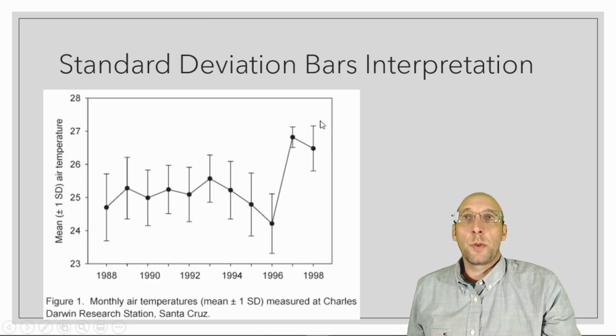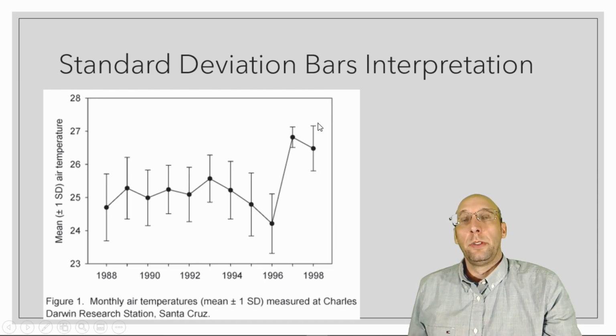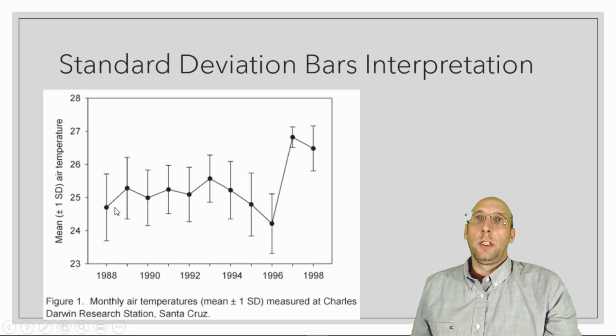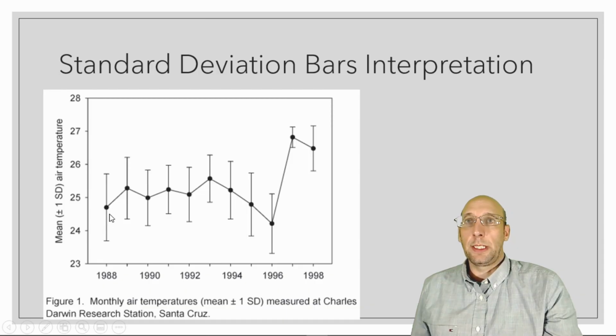How do you think the bars would be different if they were standard error bars? Standard error bars would be a lot smaller. Now, since these are standard deviations, it shows you that there's a lot of variation in this data, but there is still actually more significance to some of these changes if we looked at standard error.